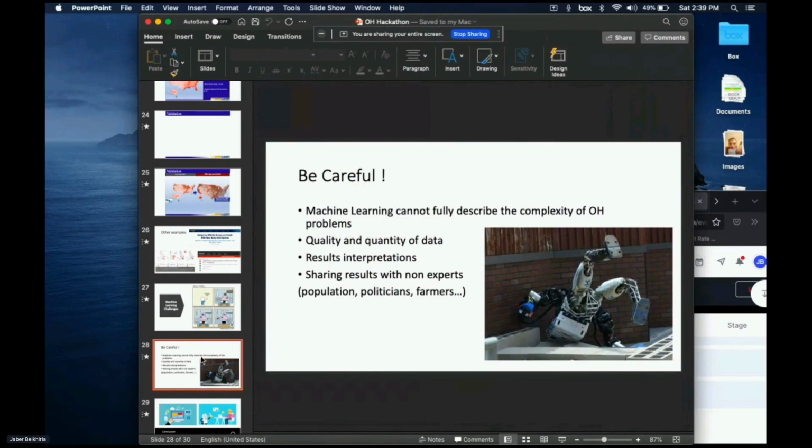Because it cannot fully describe the complexity of the One Health problems, it really requires a lot of data in terms of quality and quantity. And then once we get a result, someone has to make sure that it makes sense from an epidemiological perspective, from a One Health perspective. So really making sure that the data is good and the results make total sense is really important.